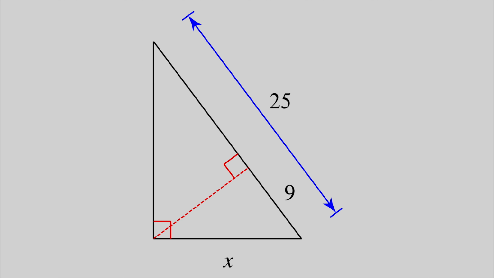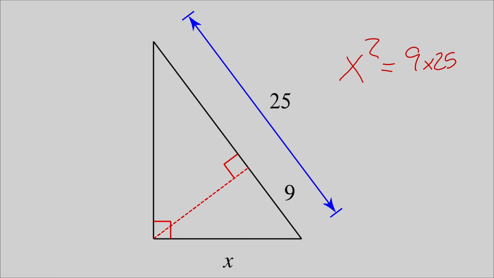Okay, so here we have it. We're looking for a leg. So a leg squared, so x, oh wait, let's get this into a nice thing. X squared is going to be the portion of the hypotenuse times the whole hypotenuse. So that's going to equal 9 times 25.